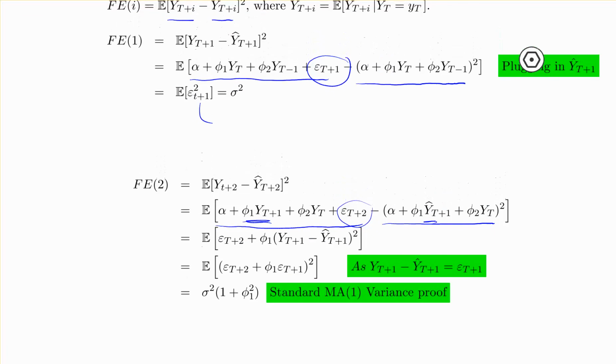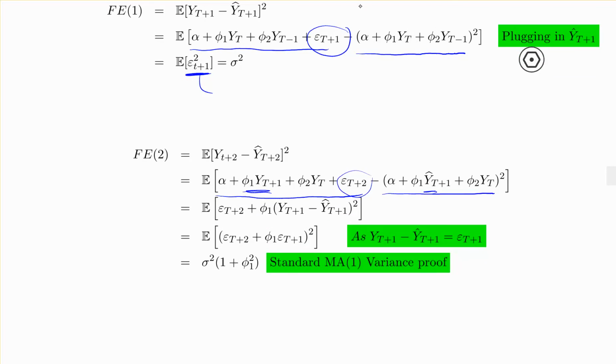And again, from before, this difference is just epsilon t+1. Then we're done, and notice this here is just an MA1. Under the IID assumption, they're uncorrelated, they've got the same variance, we can expand it out, use these assumptions, and we can show the variance equals 1 plus phi1 squared, times sigma squared. So again, you can refer back to your notes on the standard MA1 proof.